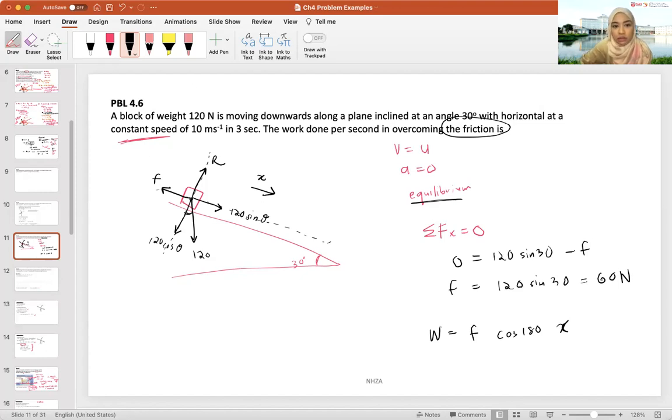It says constant speed of 10 meters per second in 3 seconds. How can I find s using this information? Ataupun x, s lah, s. Let's label this as s. How can I find out what is my s? Sama je s dengan x ni, jangan confuse pula.